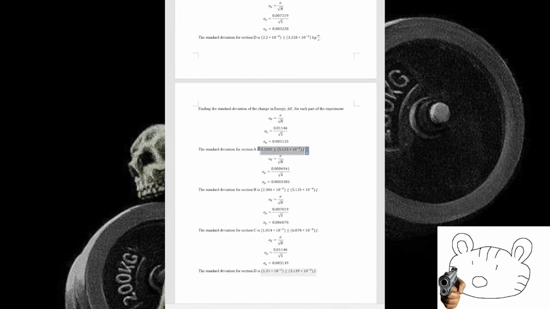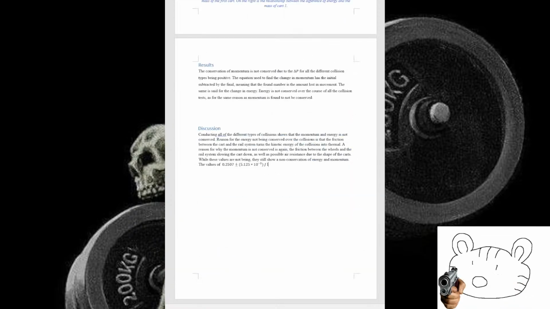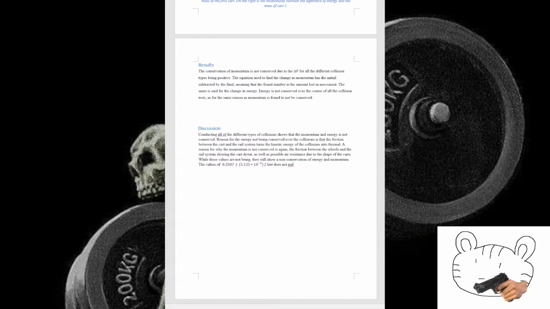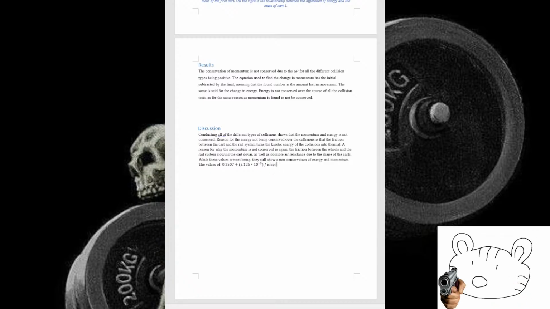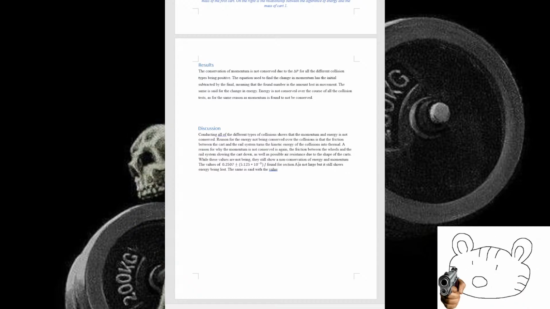I'm just gonna use the calculations because it makes it look better. Joules lost is not large, but it still shows energy being lost. Same is said with the value J found for section A.